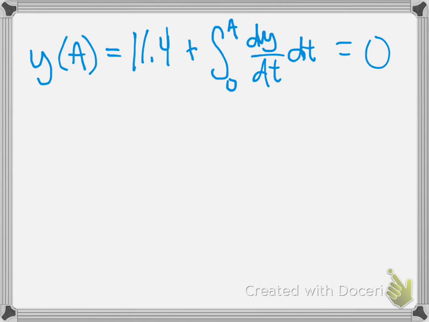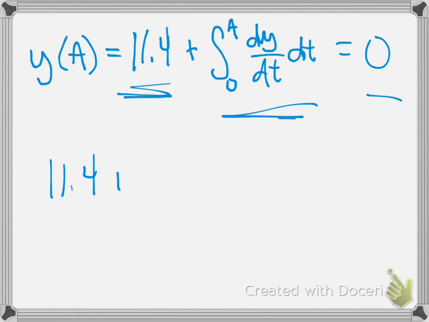So, fundamental theorem happening again. We have our initial position value, 11.4, plus the displacement between 0 and A. We want that to equal the height at that moment when she hits the water, which is 0.